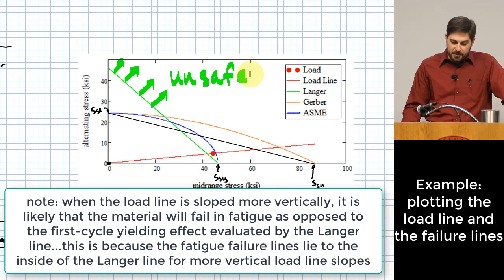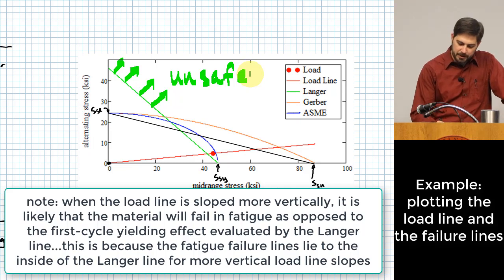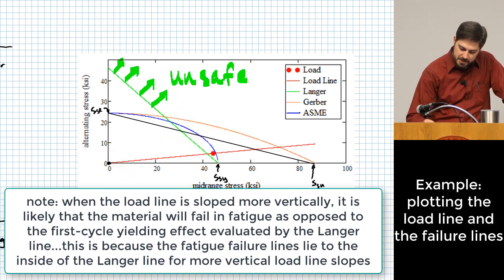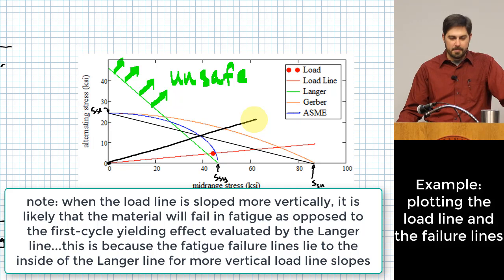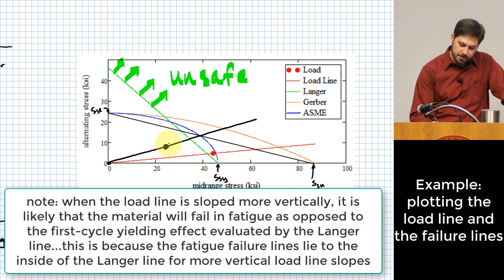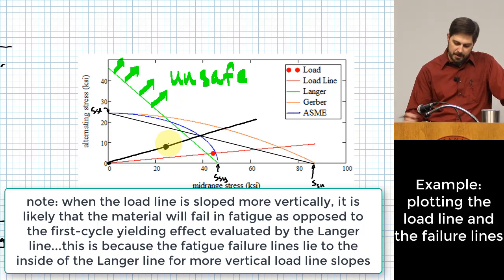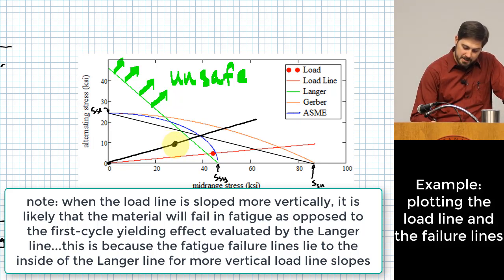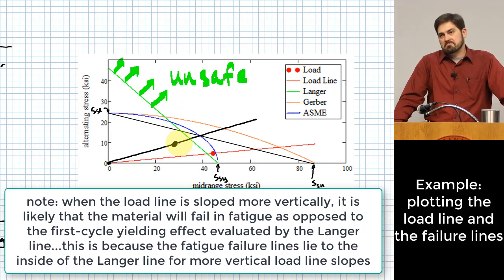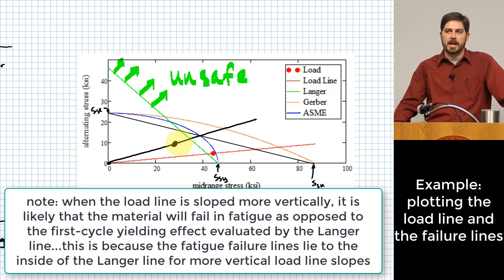Now you kind of feel okay, because even if you wind up with a load line in your worst case scenario, like something right in here somewhere, where you have the furthest distance between the Langer criteria and the ASME elliptic criteria, a factor of safety of 1.5 means your loading point might be back something like this, in which case you're probably still safe. All right, so there are some examples of where using the ASME elliptic criterion all by itself might be kind of okay.